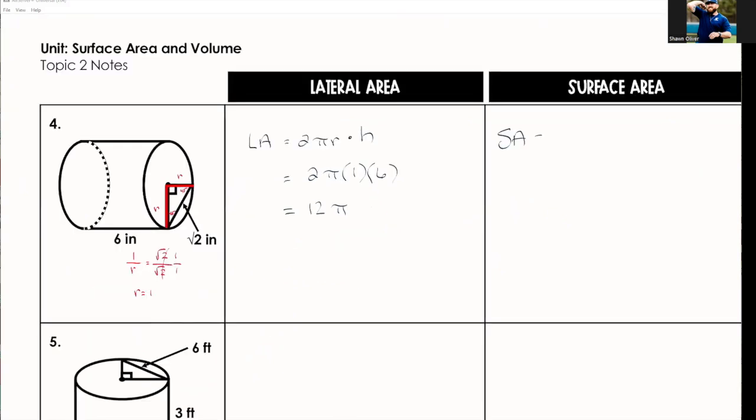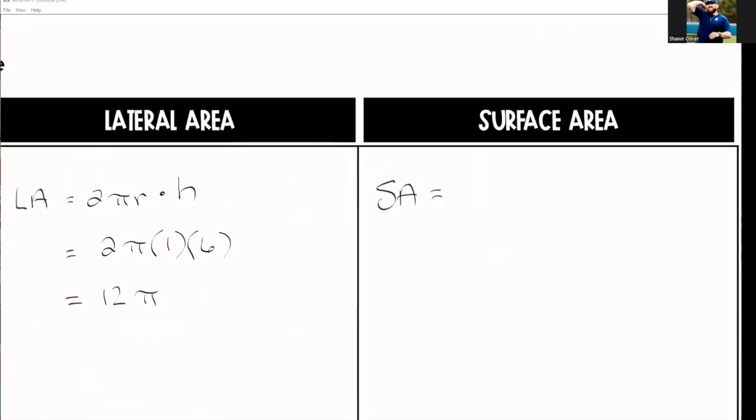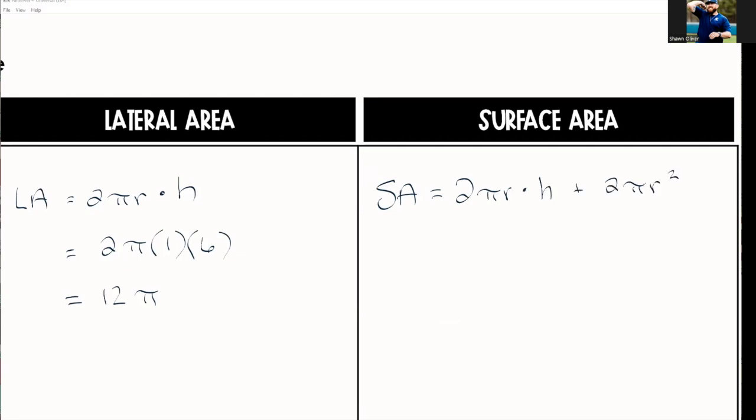Surface area, you could write lateral area if you want to. But just so we show where our equation's coming from, 2 pi r times height plus 2 pi r squared. So lateral area plus 2 times the base area.